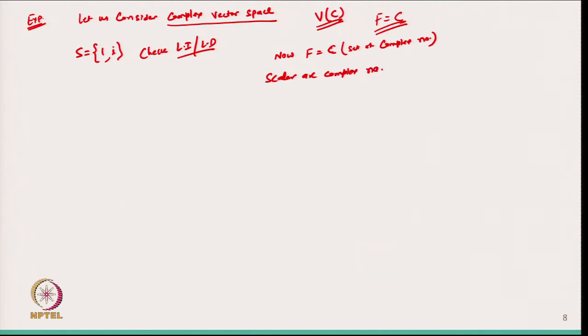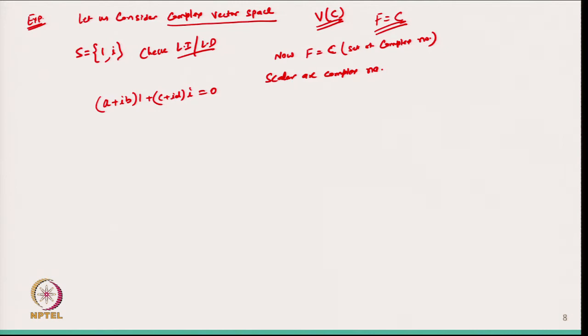Let us take the scalars: a plus ib is a scalar times 1, plus c plus id times i, equal to 0. So, I just take the linear combination.